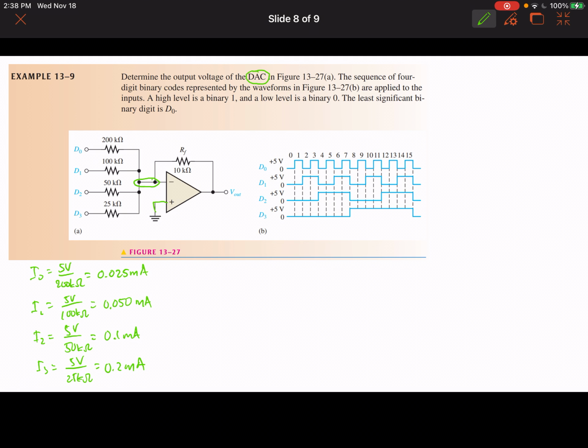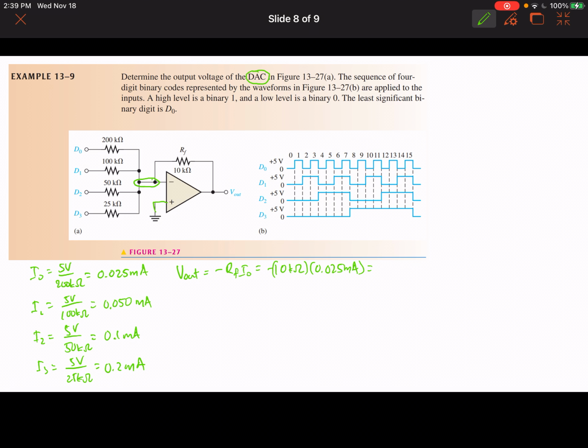Now we can solve for the output voltages. If only output D0 is present, D1, D2, D3 are 0, then V output is equal to negative RF times I0, which is equal to negative 10 kilo ohms, which is the feedback resistance, times I0, which is 0.025 milliamperes.